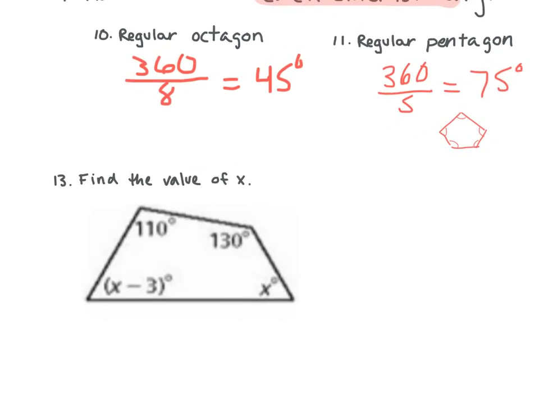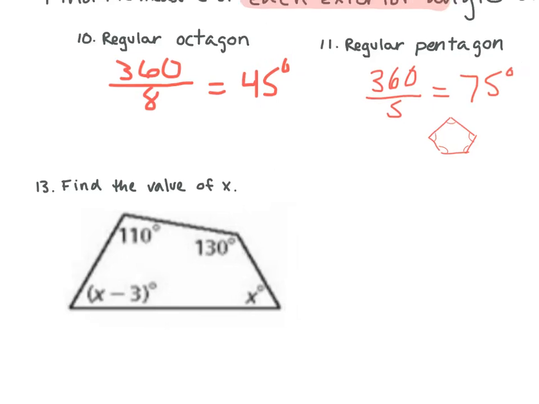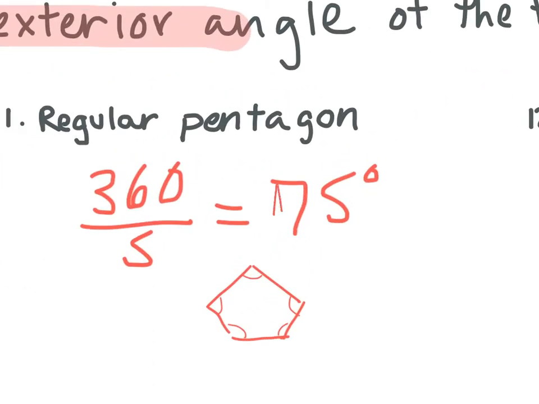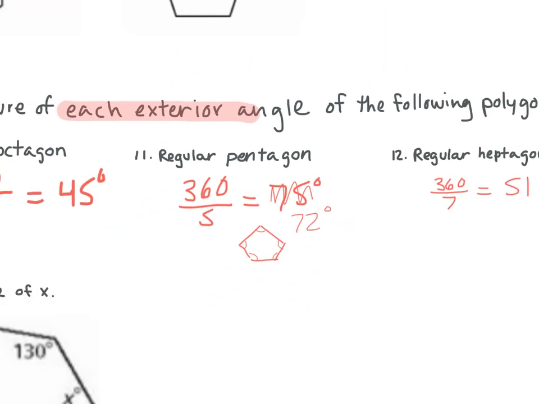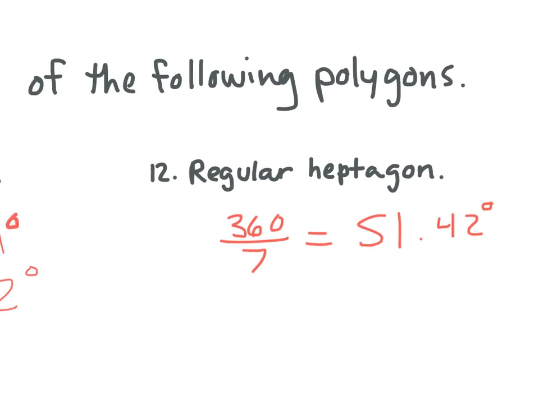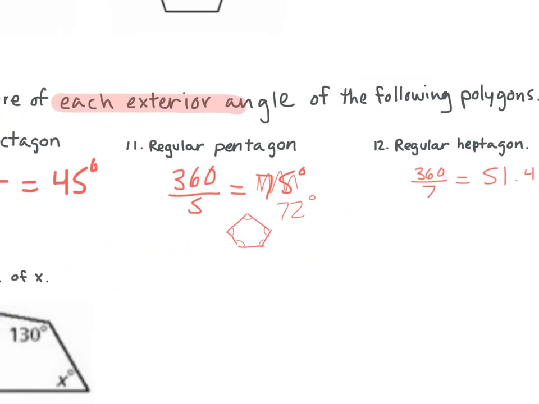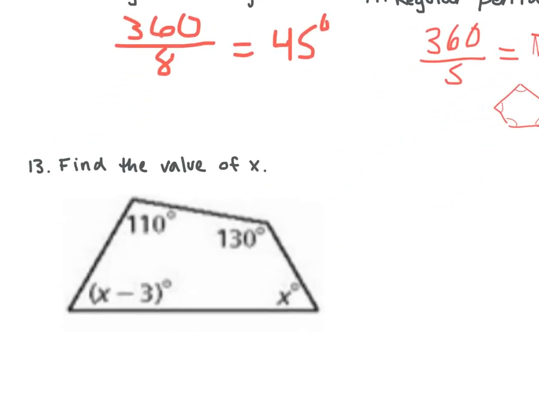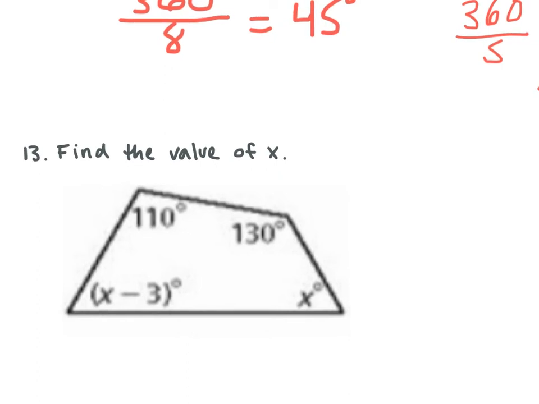I got 72 degrees. For number 12, I have 51. I put 1.4. That's fine. I think on the quiz they're all whole numbers.